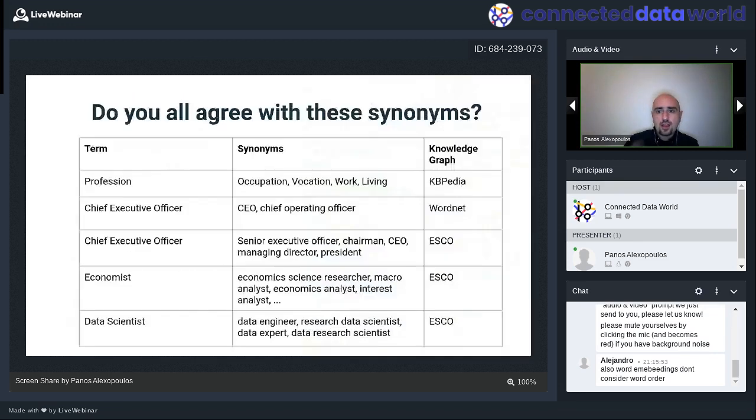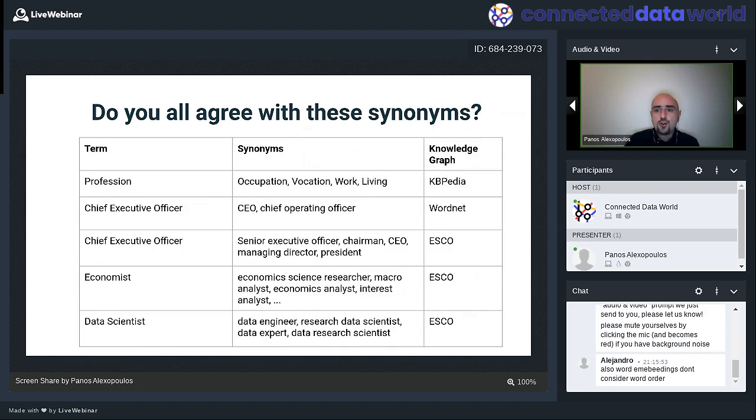So when I see this, I'm sure that people from that defined WordNet or that defined ESCO had reasons, at least some reasons, to put these as synonymous, and they may be perfectly fine reasons for whatever goal they had in mind.